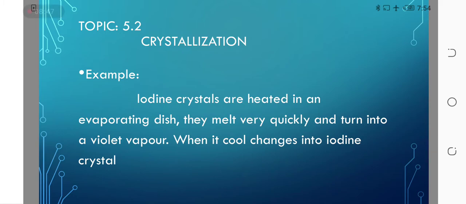And when iodine vapor comes into contact with the cooler part of the evaporating dish, you will see it change back into iodine crystals. So this is the best example to understand how the vapors of subliming substances cool.